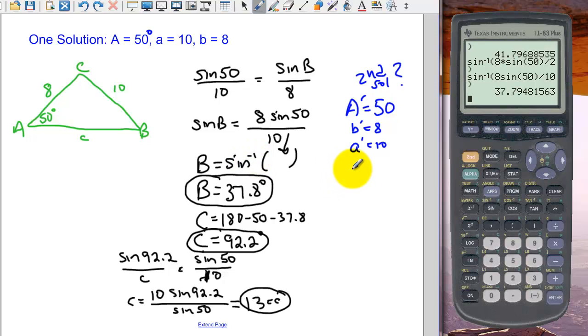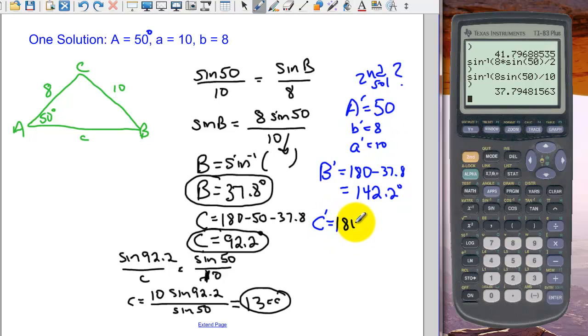So our second solution, if it exists, B prime, will be 180 minus 37.8, which comes out to be 142.2 degrees. So C prime, if it exists, the sum of the three angles has to add up to 180.